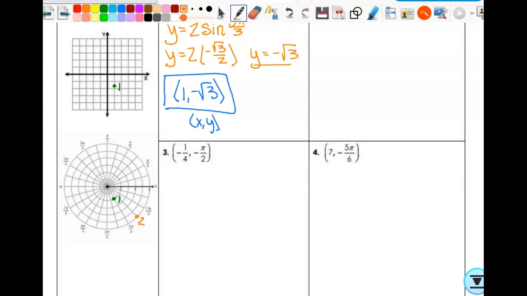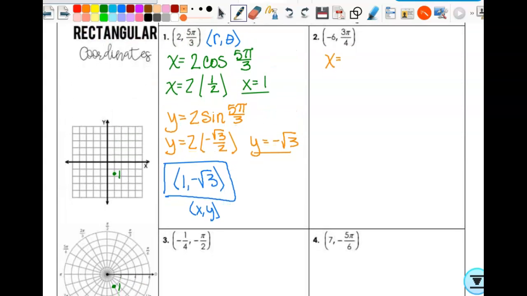So x equals negative 6 times the cosine of 3 pi fourths, which is negative square root of 2 over 2. Very good. And so that means that x equals a positive 3 square roots of 2.